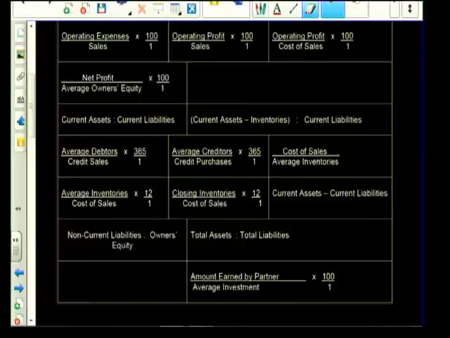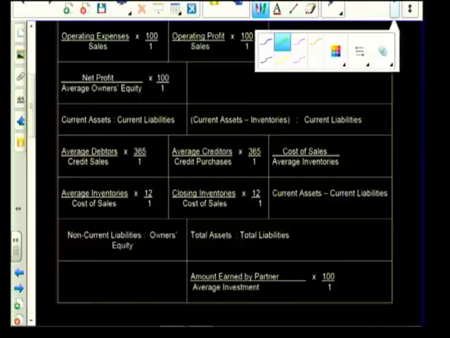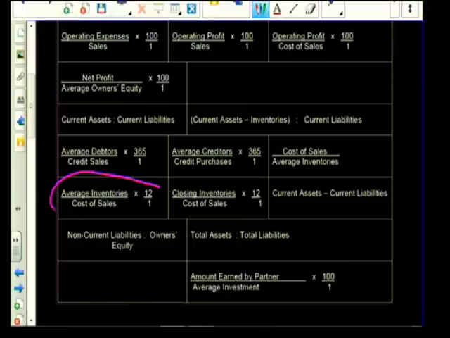Now, if we look back at the formula sheet, the formula sheet has got the ratio that we need, and it is this one over here. It's our average inventories over cost of sales times 12, or you can also use the ratio times 365. Both answers are acceptable.